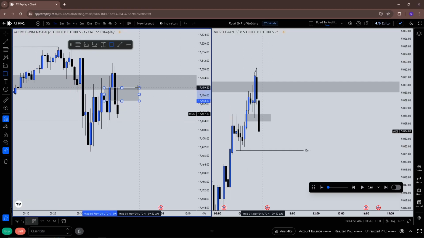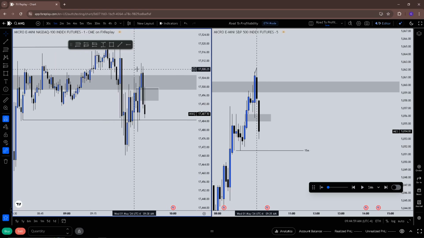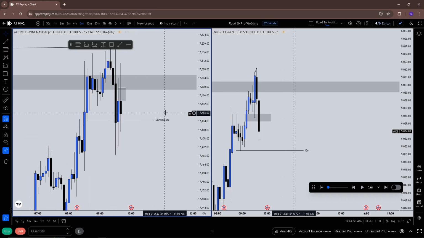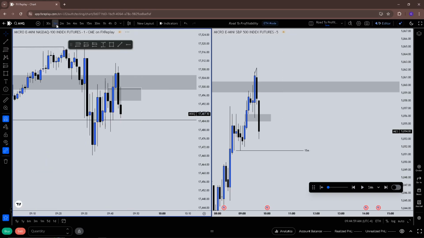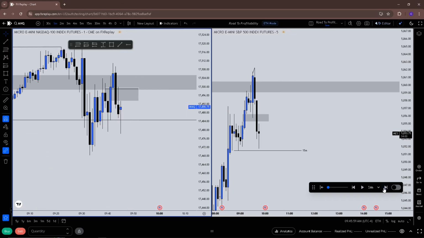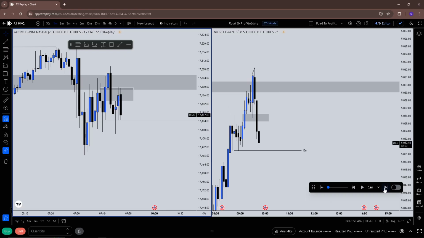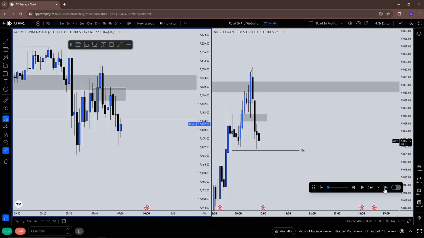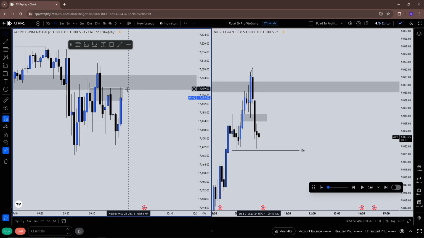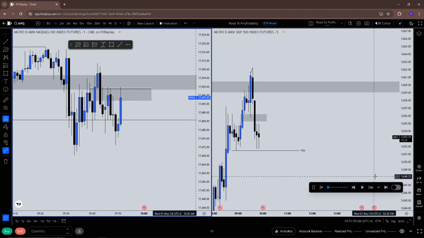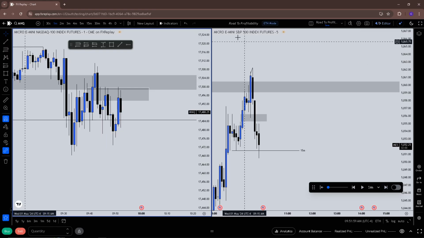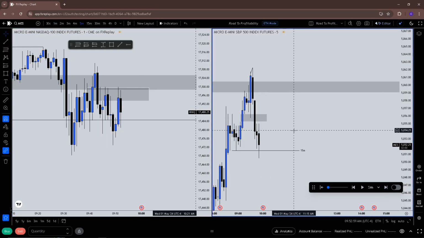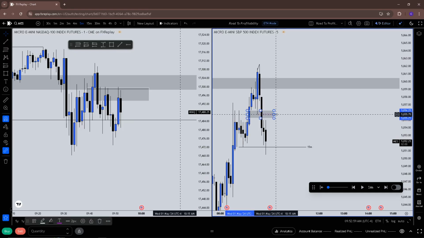Could take this 1 minute inversion. Still respecting this. Unfilled 5 minute above.